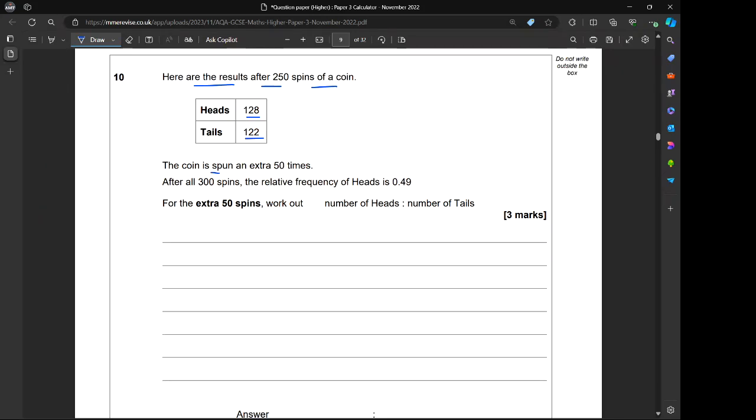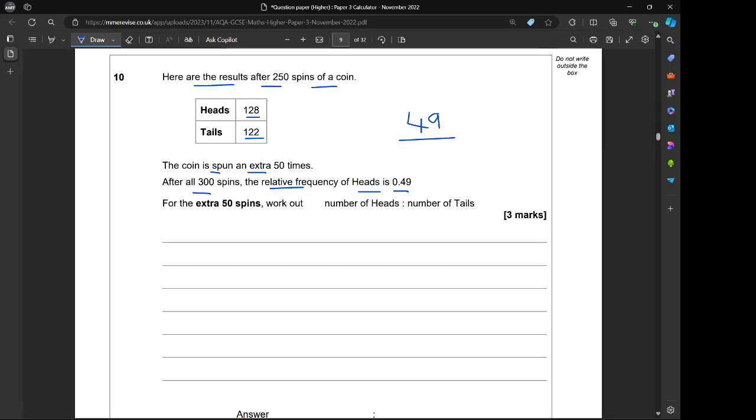The coin is spun an extra 50 times. After all 300 spins, the relative frequency of heads is 0.49. So relative frequency, remember, is the probability of the event occurring. So that'll be 49 hundredths.